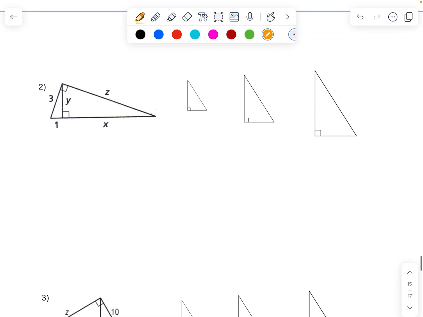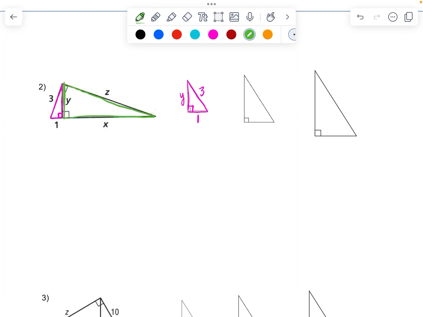Okay, now let's juice it up a little bit. Now we've got a problem that has so many variables, it's super confusing. So again, I'm going to label all my little triangles. I always write the right angle so it helps me pick out the sides. So the short leg is 1, long leg is y, hypotenuse 3.